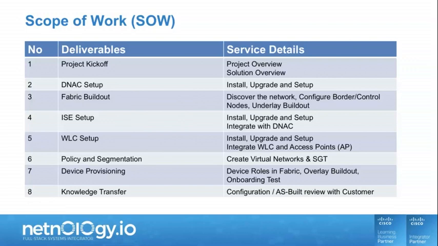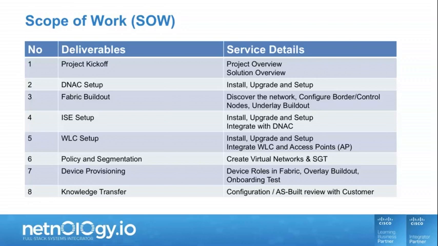A scope of work document that all parties would agree upon as to what will be the responsibilities for both parties, the customer and the vendor, whether it is Cisco or a partner. It has to be mutually agreed upon: what hardware will be part of it, what installations will be done, what will be deployed, how many virtual networks will be created, and if ISE and wireless LAN controller setup is going to be part of a statement of work.